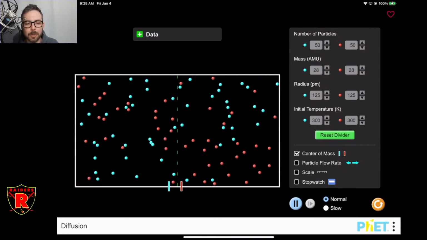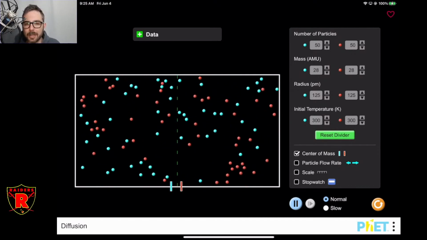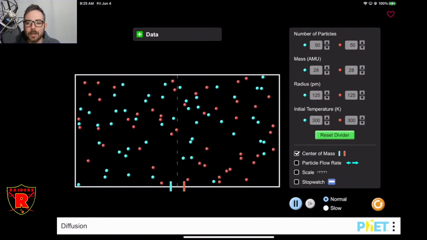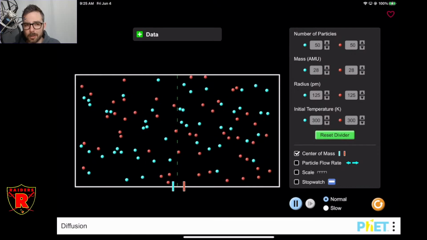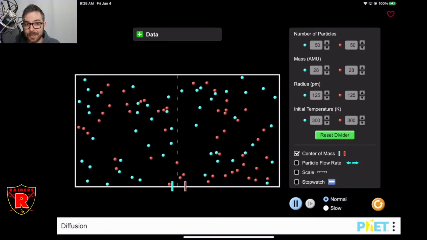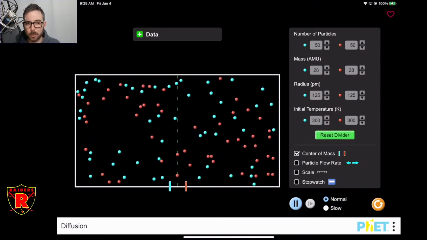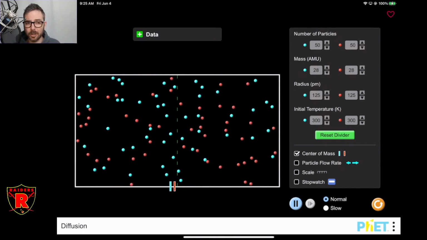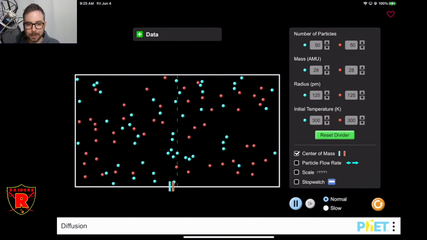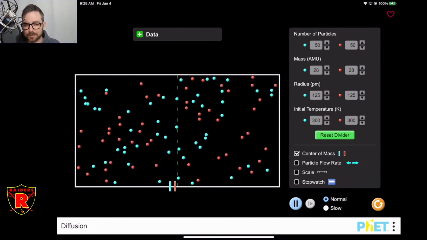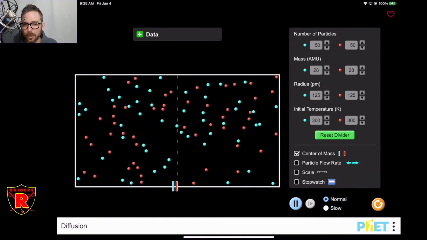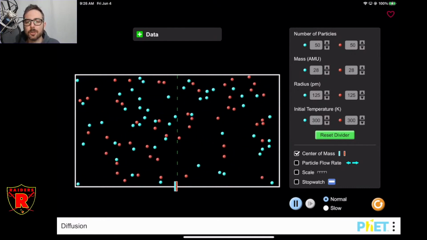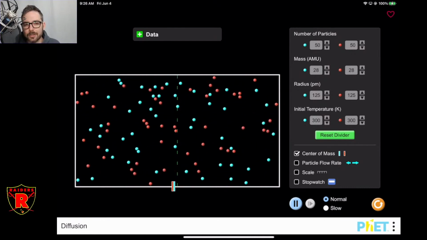And another thing you might have noticed is that at the very beginning, when we first removed the barrier, the movement of the particles was very fast at the beginning. The movement towards the center was very quick when there was a big difference in concentration between the two sides. But as they get closer together, as the concentrations become more even on both sides, the transition becomes slower and slower.